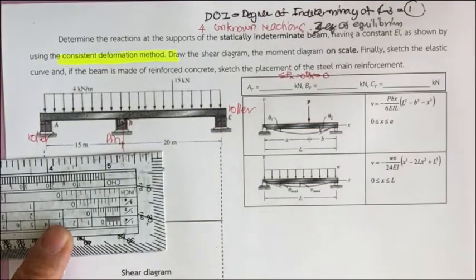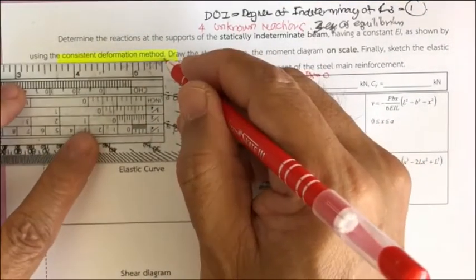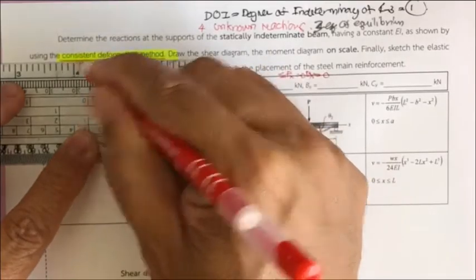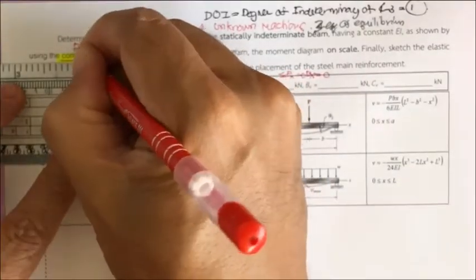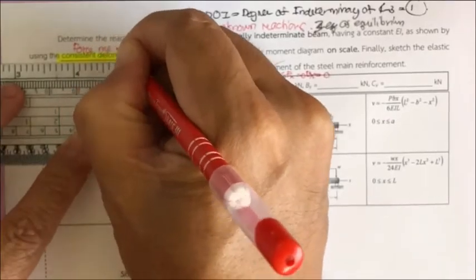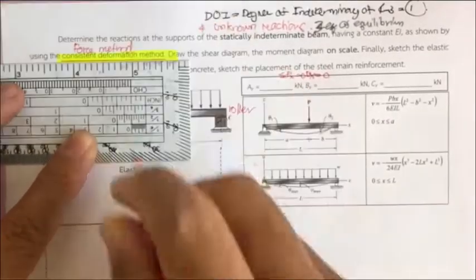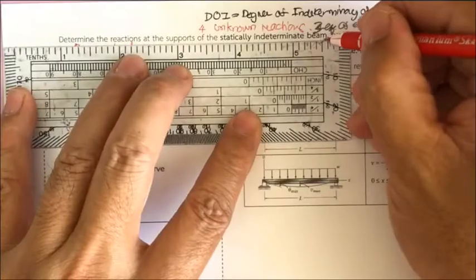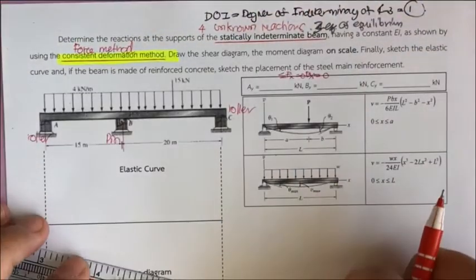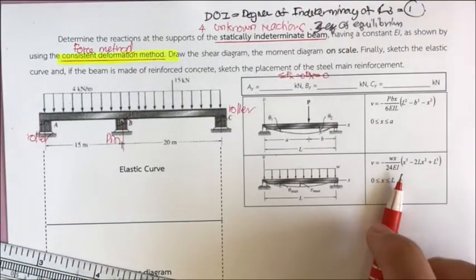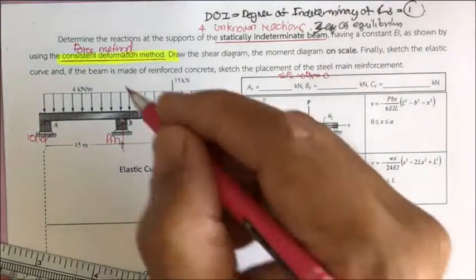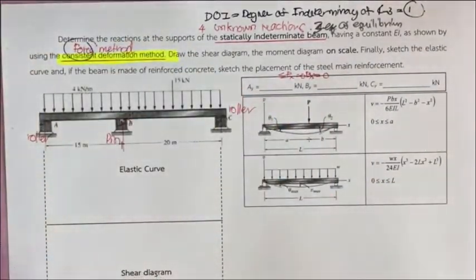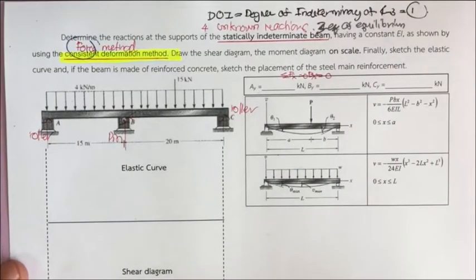Since the consistent deformation method can be classified as the force method, the first method used to analyze statically indeterminate structures, that means we are going to use the forces as the unknowns.